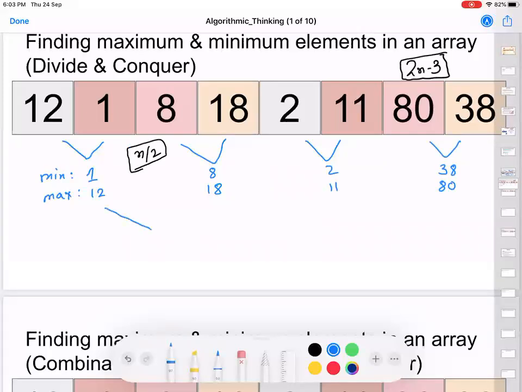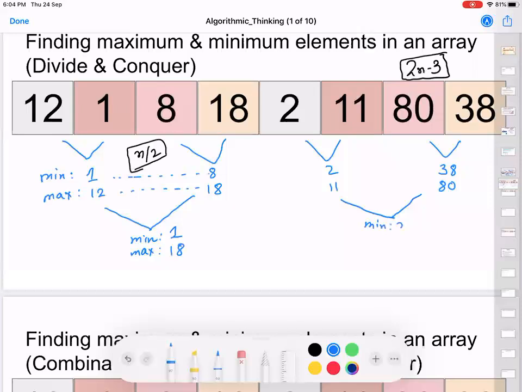What can I do in the next step now? In the next step, finding the minimum and maximum, how many comparisons will it take? So amongst these elements, now I want to find which are the min and which are the max. So you will have to compare this 1 with 8 here and 12 with 18 here. So I'll have to do 2 comparisons per pair. So I find out minimum is 1 here and maximum is 18 here.